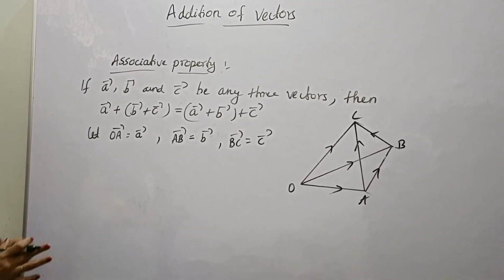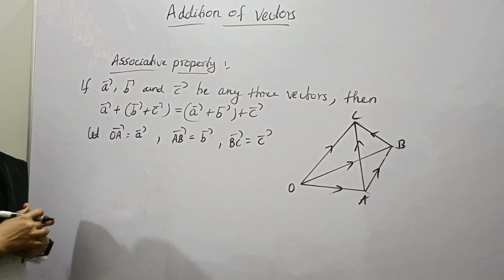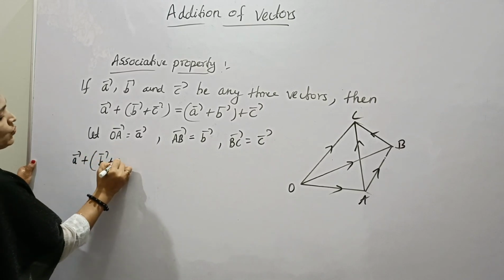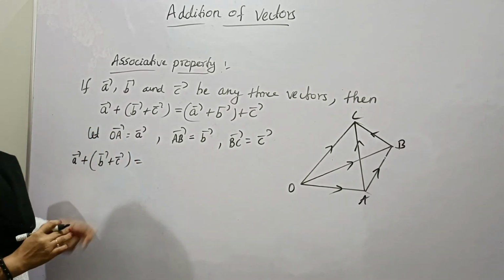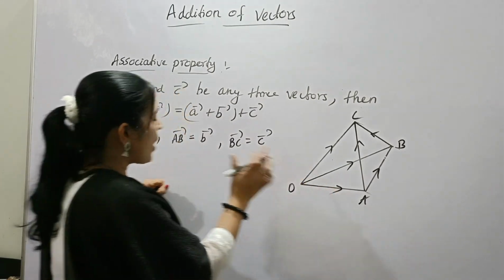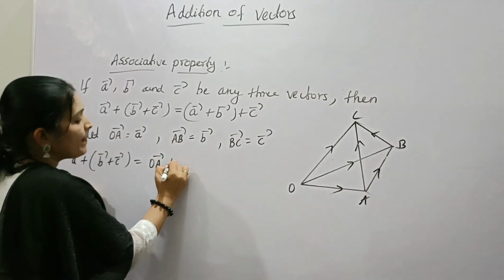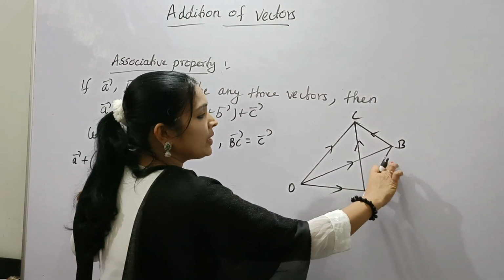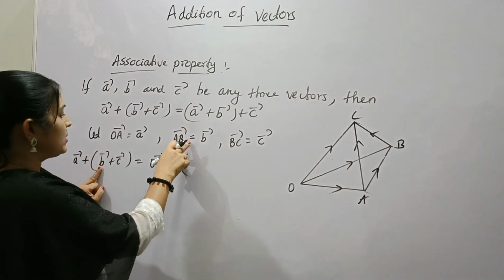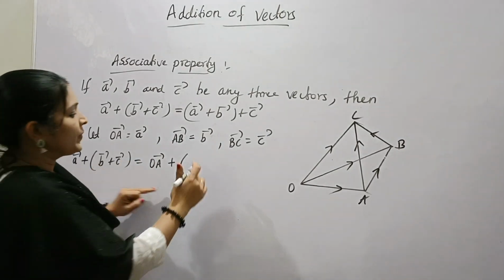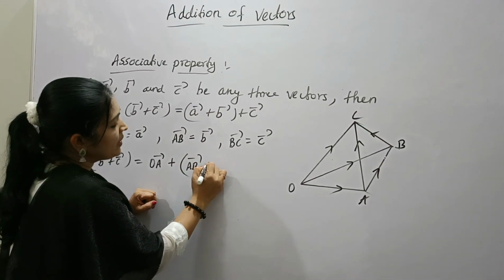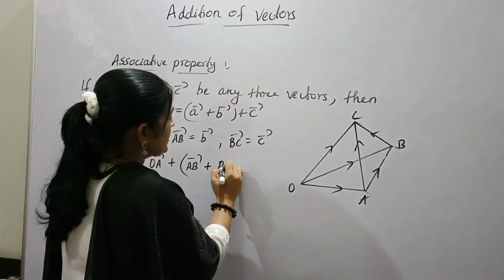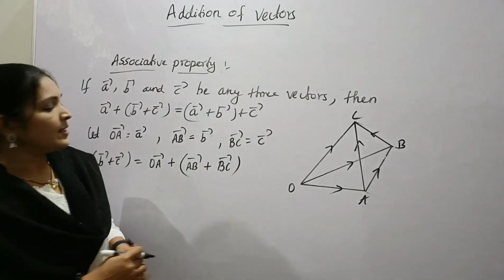First of all, let's consider the LHS, that is (A + B) + C. Vector A is vector OA, plus, inside the bracket, vector B, which is vector AB, plus C, which is vector BC.